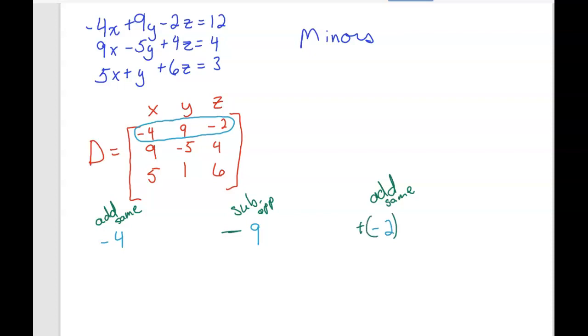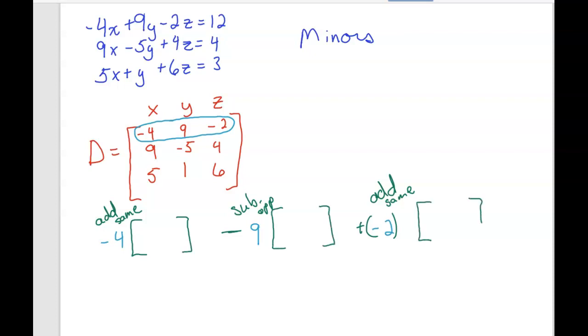Okay? So I'm always going to change this middle sign from what it started with. So if this had been a -9, I would have changed it to a +9. The middle term always changes. Then I'm going to create 2x2 matrices for each one of these.